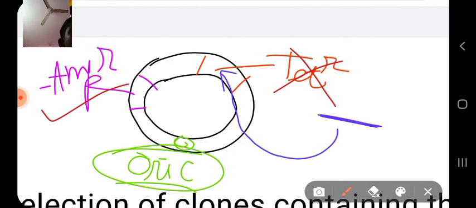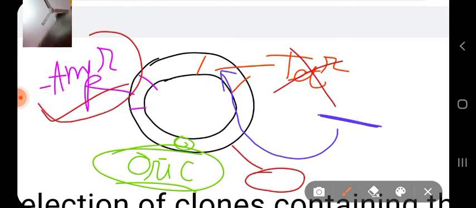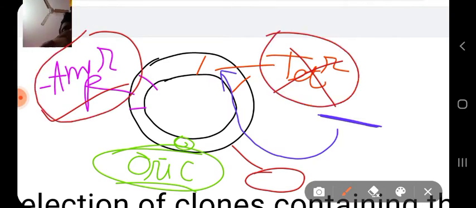When these plasmids are inserted into bacterial host cells and cultured for certain generations, and these cells are grown on tetracycline medium, they will not survive, because in the tetracycline resistant gene we have inserted our desirable DNA.